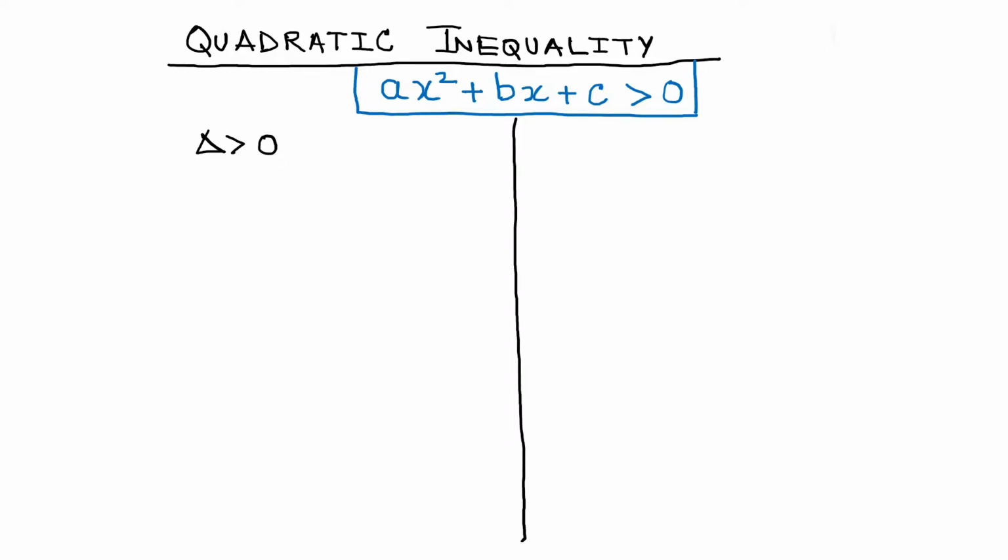So I have divided this into two parts, wherein in the first part we are going to talk about a being positive, and along with this delta is also positive. Now in the second case we are going to talk about a being negative but delta being positive.